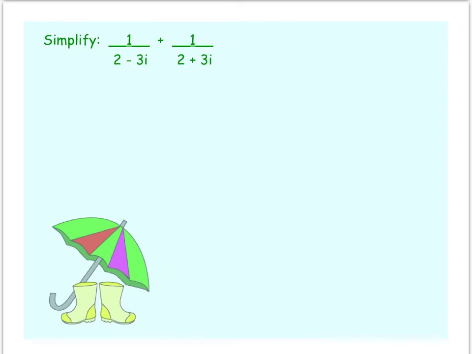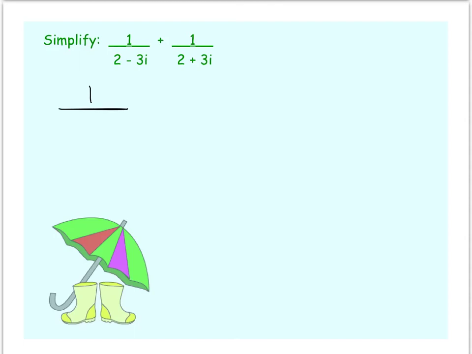Here we have a situation where we want to add two fractions, and they each have different denominators. So we need to have them have the same denominator before we can add them. Now these are conjugates of each other, so when we build up the denominator, it's going to be a little bit interesting. So my common denominator is going to be the product of these two denominators.